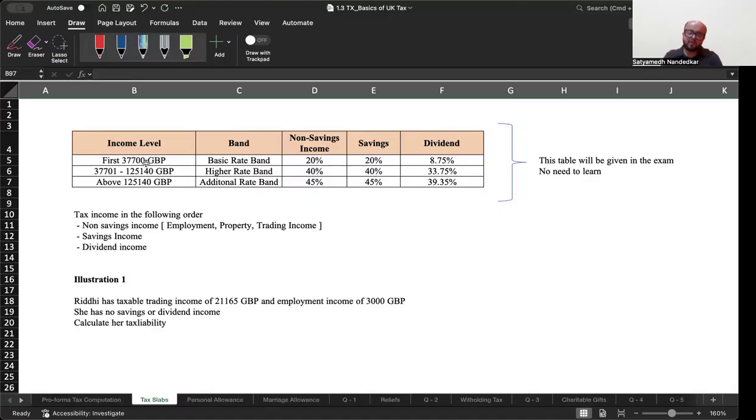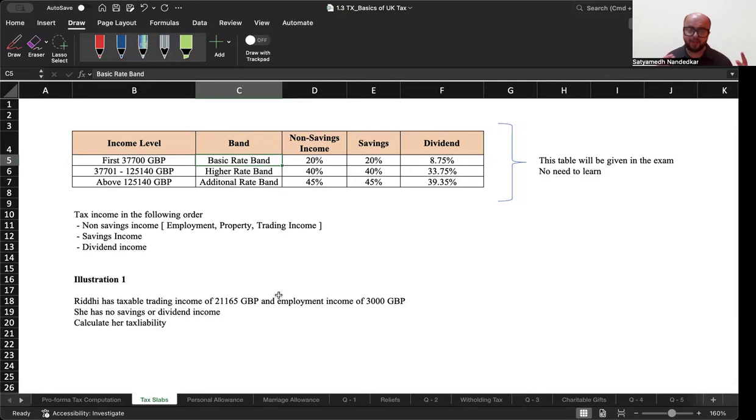Most countries have an approach where they tax individuals on a slab rate basis. What is a slab rate basis? Please try to understand with me. On the first 37,700 pounds of your income, that is the first slab, known as the basic rate band. If you earn income which is more than 37,700 pounds, you are considered richer.